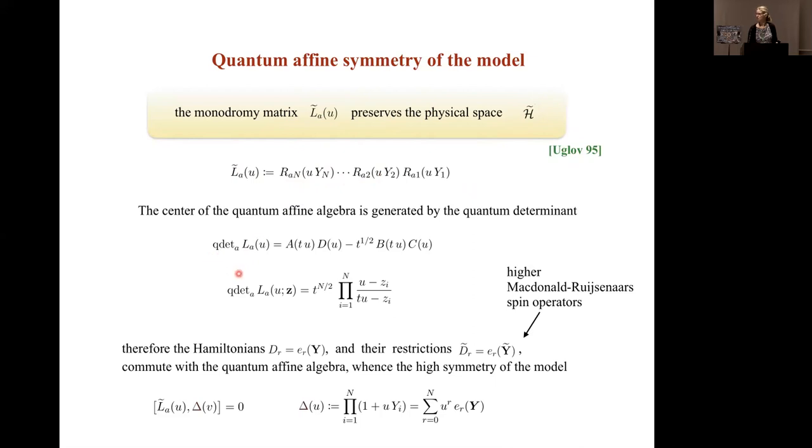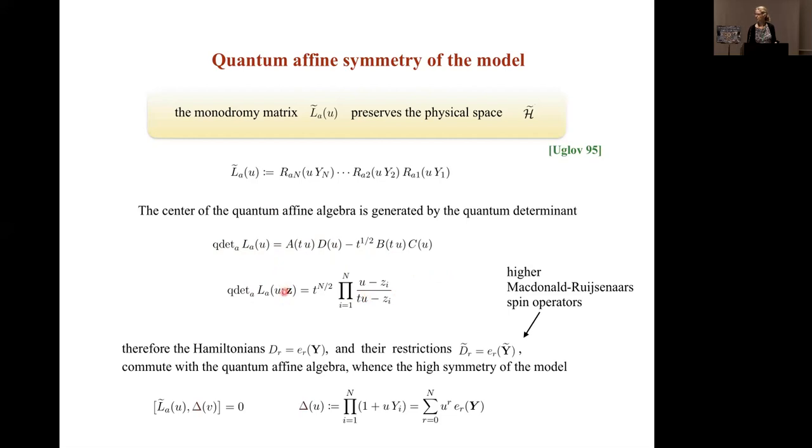And now, as we know from the Yangian case, the Q-determinant of this matrix commutes with all the elements of the matrix A, B, C, D, and in fact, this Q-determinant generates the integrals of motion.